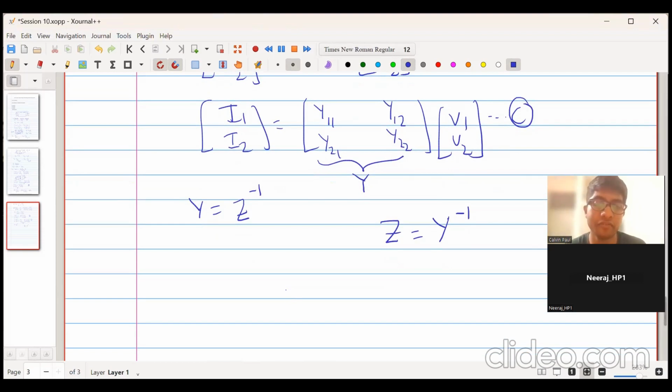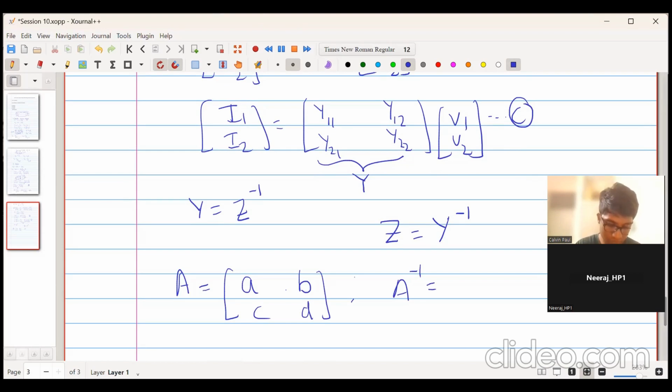So can you tell me, let us assume I have matrix A which has elements A, B, C, D. So what will be A inverse? How will we write A inverse? There's a shortcut formula.